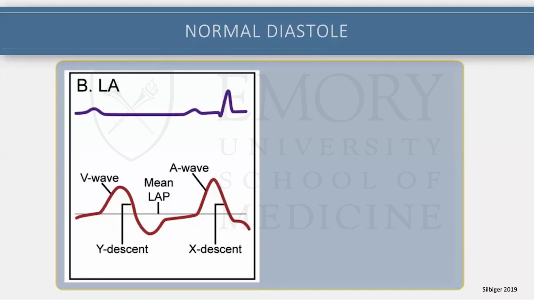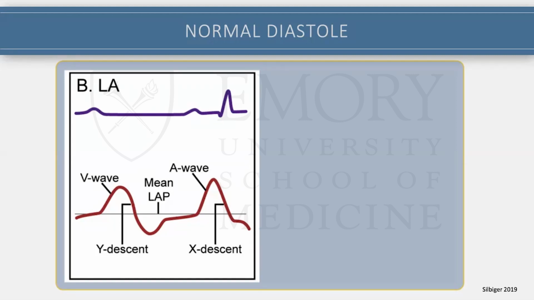Just looking at the left atrial pressure waveform, to briefly review, the V wave is pressure increasing in the left atrium as the left atrium fills with blood against a closed mitral valve. The Y descent is when the mitral valve opens and you release the blood into the LV, so that decreases the pressure in your left atrium. The A wave is atrial systole, so increasing pressure because you are contracting your left atrium.